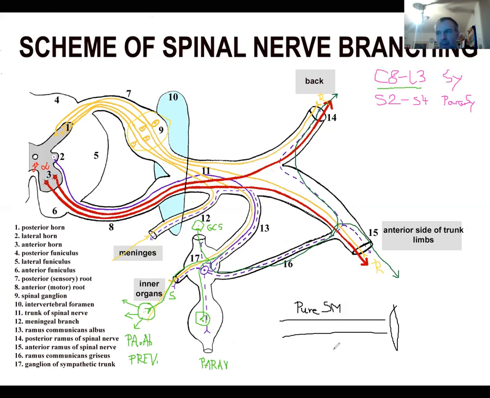To give an example of a pure somatomotor nerve, it can be, for example, the trochlear nerve, which supplies only one muscle, the superior oblique muscle of the eyeball. So you would expect it contains only alpha motor neurons, the somatomotor fiber. That's true.